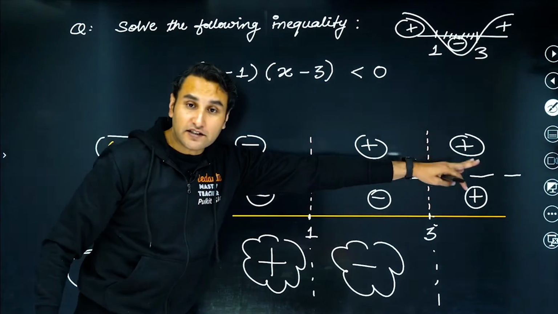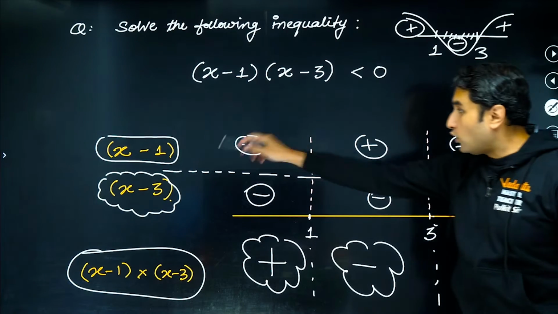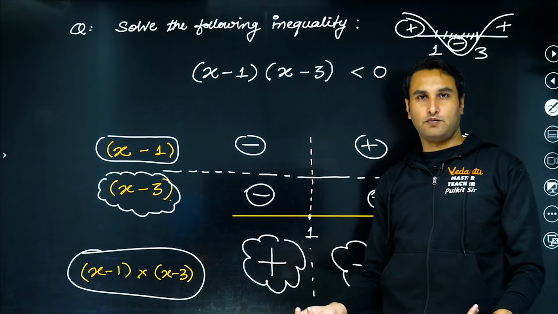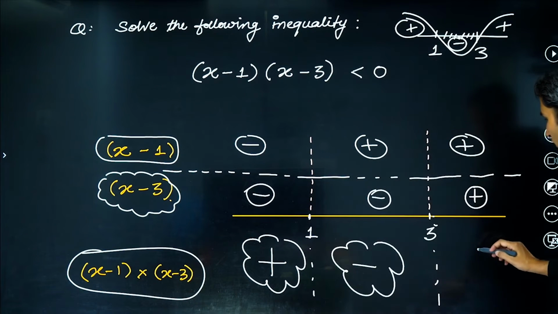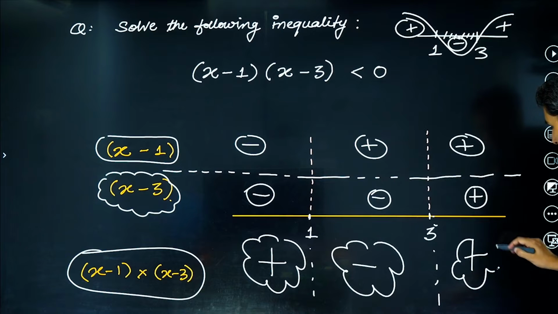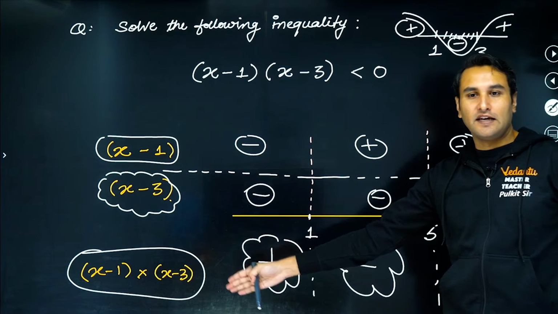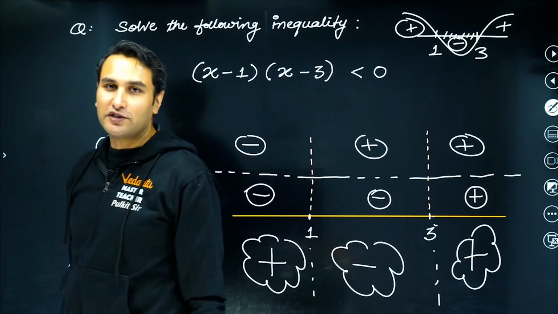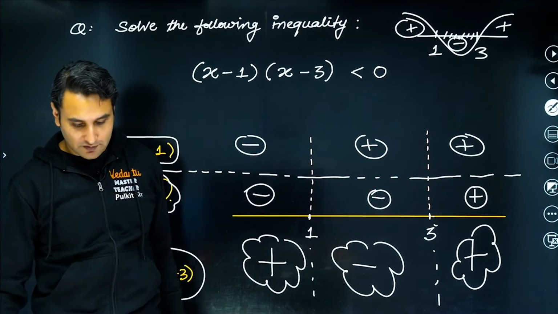And to the right hand side of 3, both are positive, so their product will be positive. Two positive things getting multiplied, of course positive. Lo, you have derived it: plus, minus, plus is what their product comes out to be between these values, exactly what you do in the wavy curve.